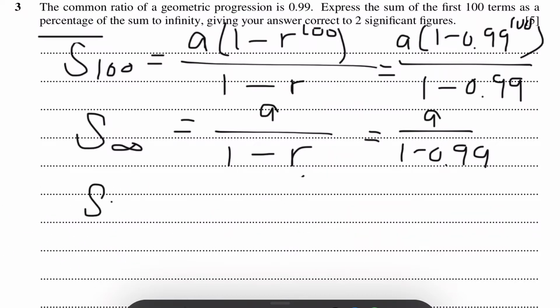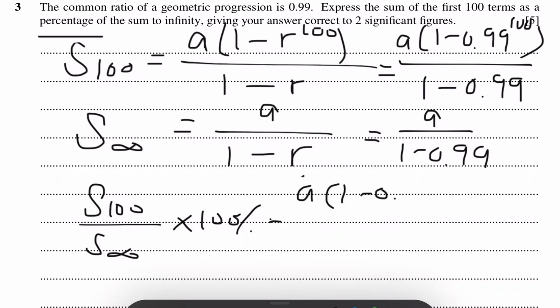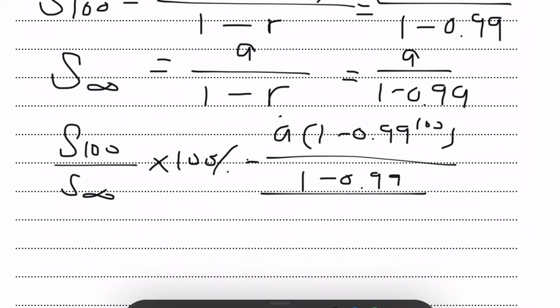So the sum of the first 100 terms divided by the sum to infinity multiplied by 100 is equal to a(1 minus 0.99^100) divided by 1 minus 0.99. This will be divided by a divided by 1 minus 0.99.